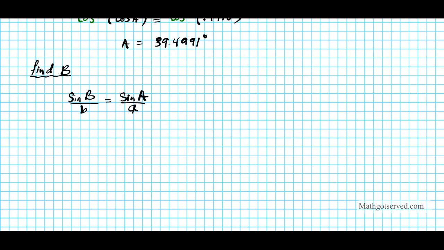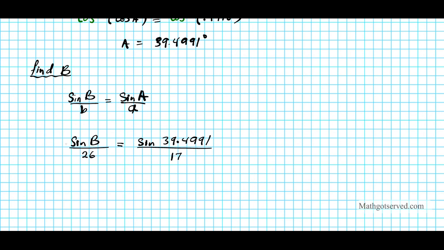Okay? All right, let's put in the measures. So we're going to have sine big B over little b. Little b is 26, equals sine big A, which we just found as 39.4991, over little a, which is 17.